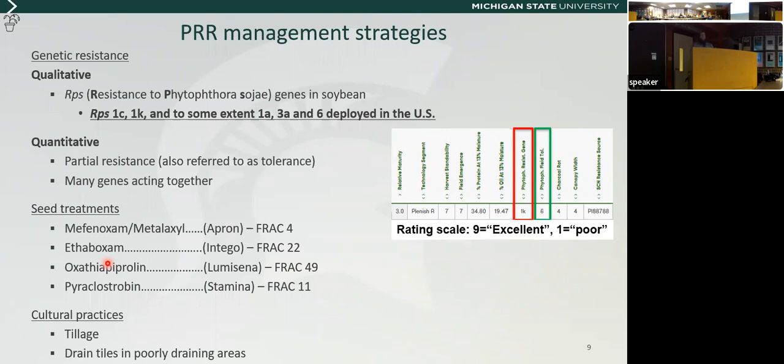Ethoboxam is a relatively new compound. We know that it's very efficacious on Phytophthora species, but that some Pythium species are actually inherently resistant to ethoboxam. It's not due to any selection pressure, but actually an evolutionary cause. Similarly, oxathiopyprolin, this is our newest oomycete compound, very efficacious on the Peronosporalean lineages.